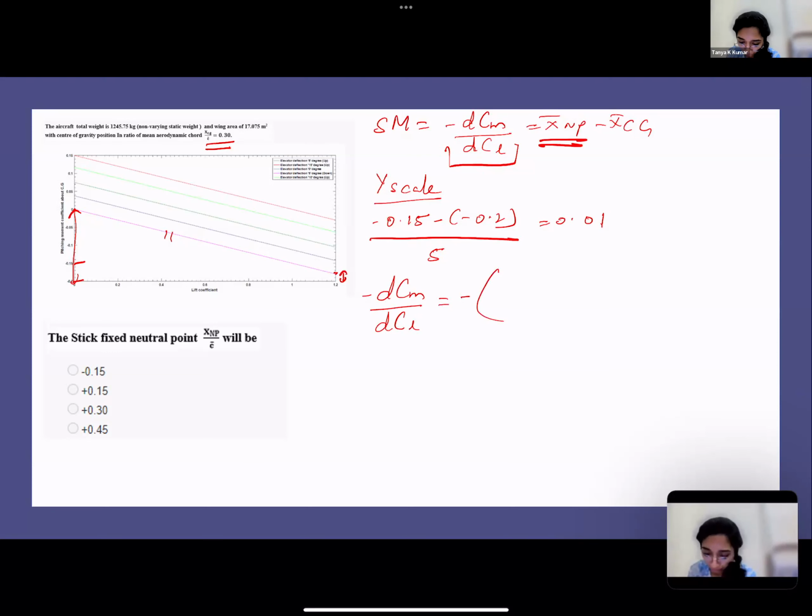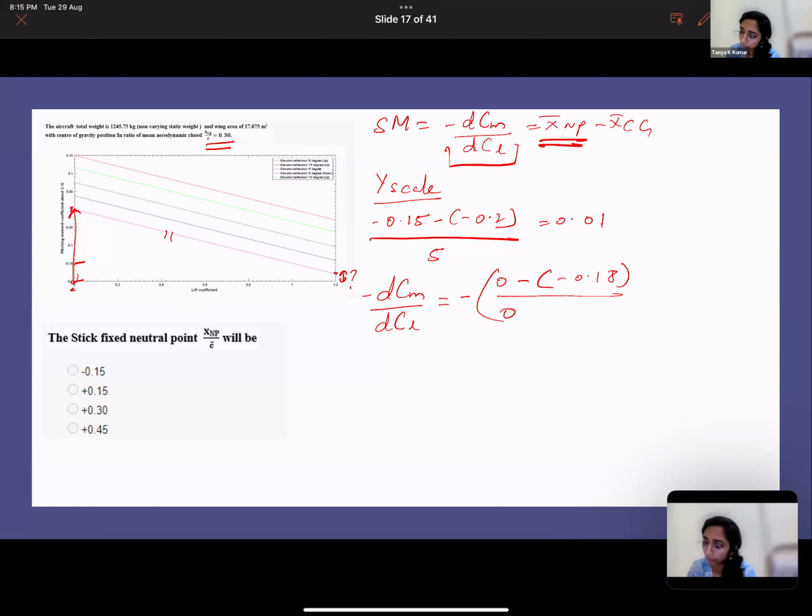So delta CM. CM is 0 minus of how much is this value? You have minus 0.2 and then you add those 2 divisions from the y scale. So you get minus 0.18, sorry. Divided by the value here is also 0. This is 0, this is 0.